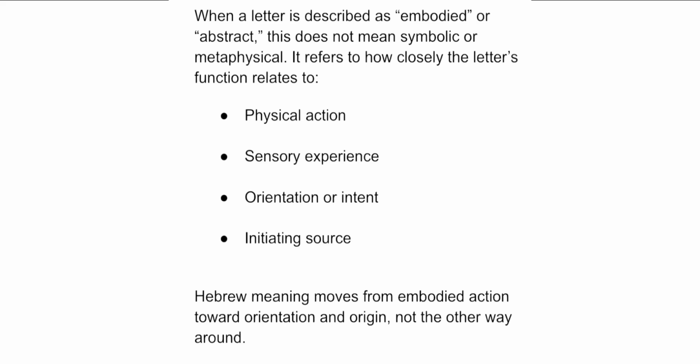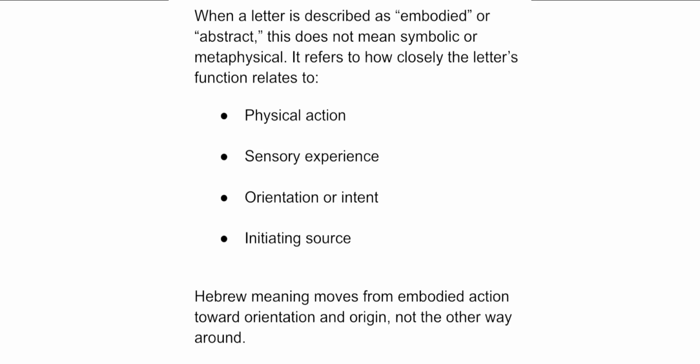Let's talk about embodiment. When a letter is described as embodied or abstract, this does not mean symbolic or metaphysical. It refers to how closely the letter's function relates to a physical action, a sensory experience, orientation or intent, and an initiating source.